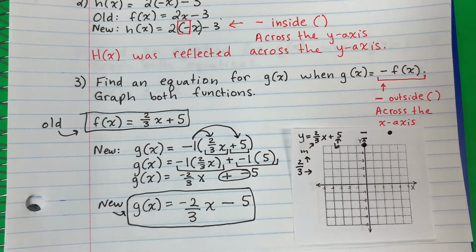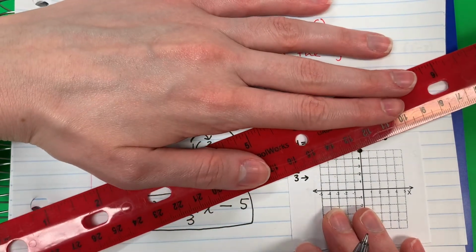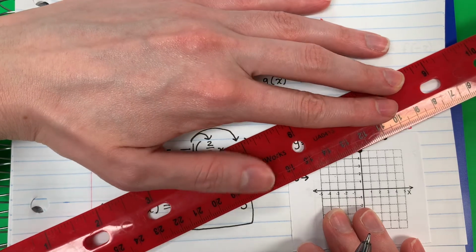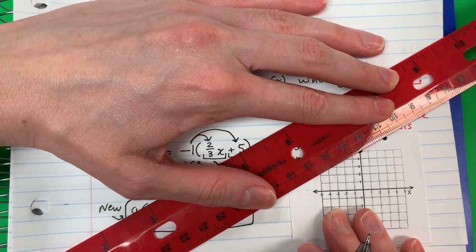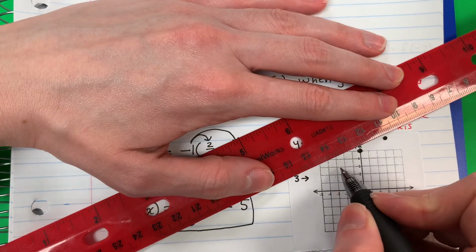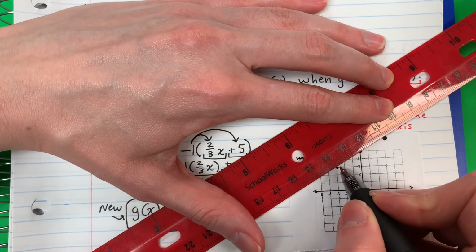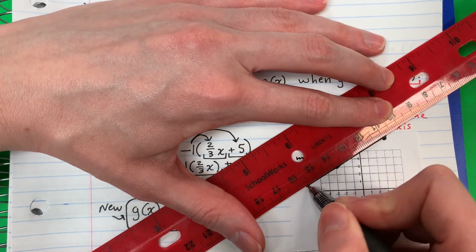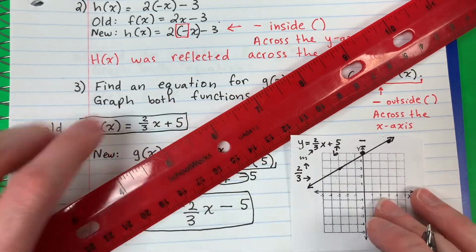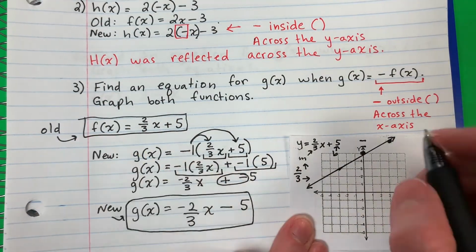And we're going to go ahead and make a line. The name is f of x.